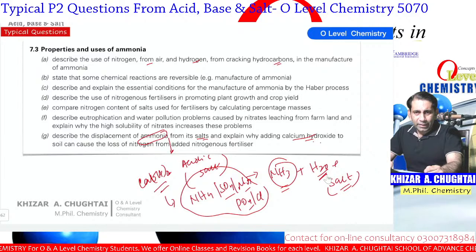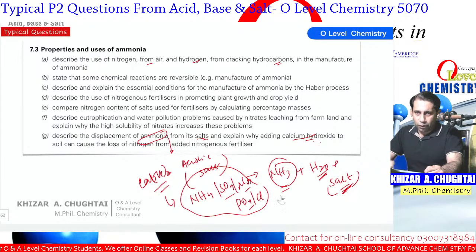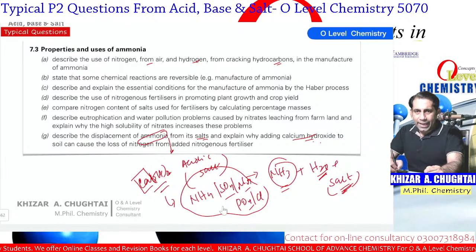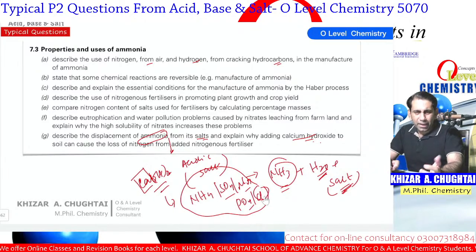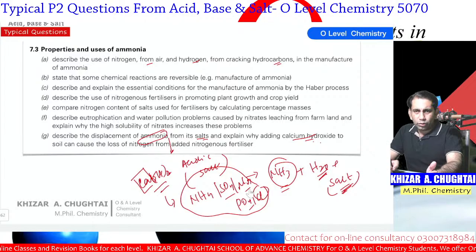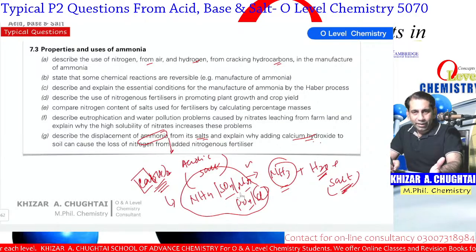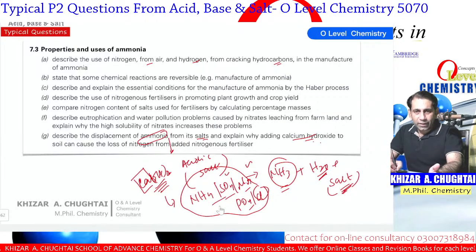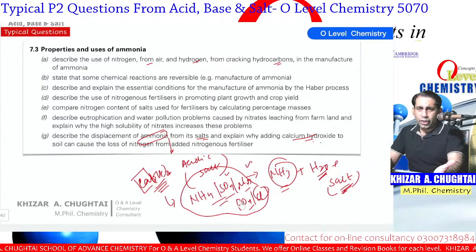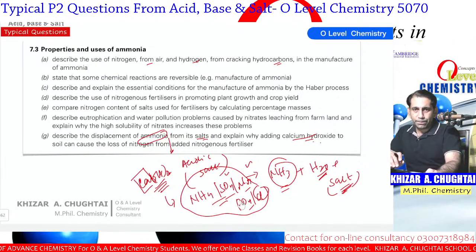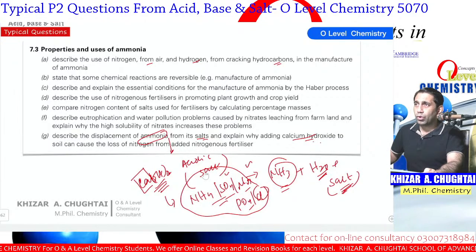Water is formed in this case, and a salt is formed, with the metal from the base and the non-metal from the ammonium salt. It may be CaCl2 in the case of ammonium chloride, Ca(NO3)2 in case of ammonium nitrate, CaSO4 in case of ammonium sulfate, and so on. This is one of the questions asked in past papers, and you must know about it.